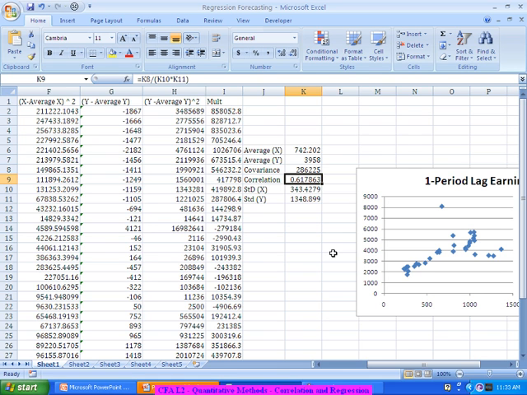Now the question comes out, is 0.61 a high correlation or a low correlation, right? So that is where I need to have some kind of a basis to test whether this correlation is high or low or no correlation. Yeah, it lies between -1 to +1.